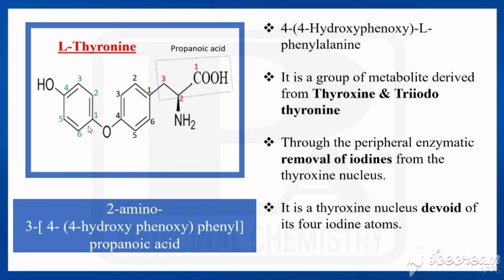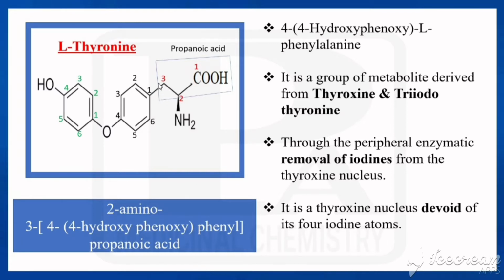Now here that H is replaced by 4-hydroxyphenyl, and that is called L-thyronine. This is tyrosine, whereas this one is thyronine. Tyrosine is an amino acid.